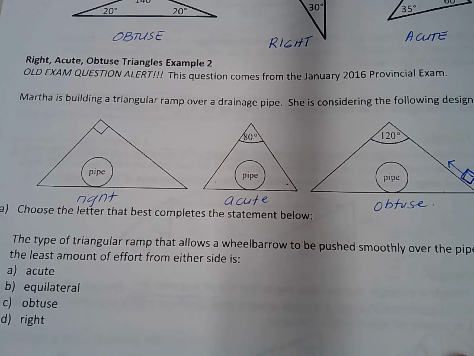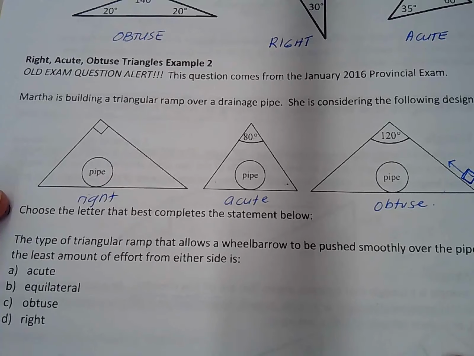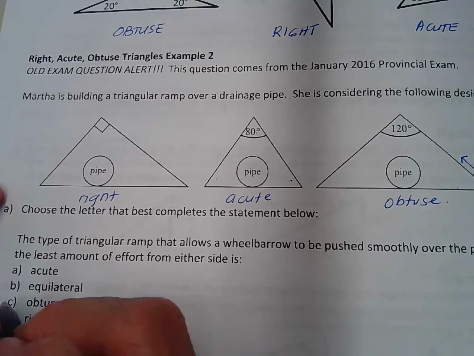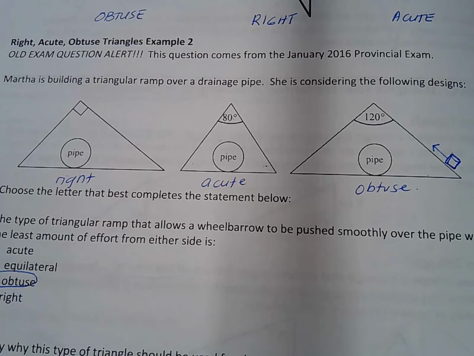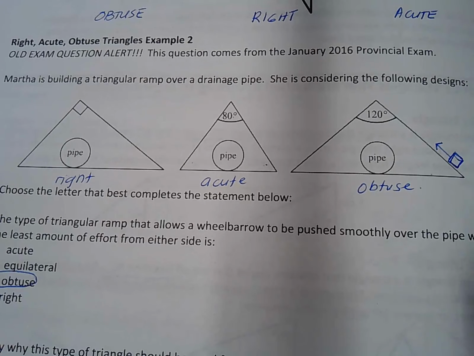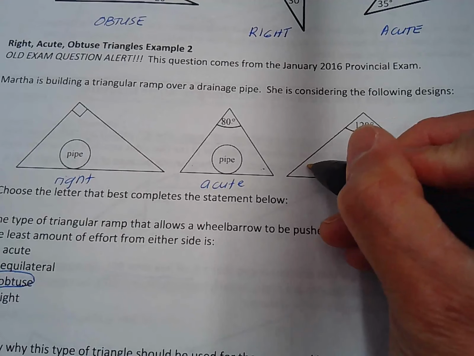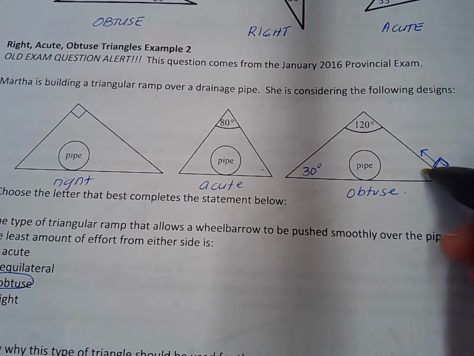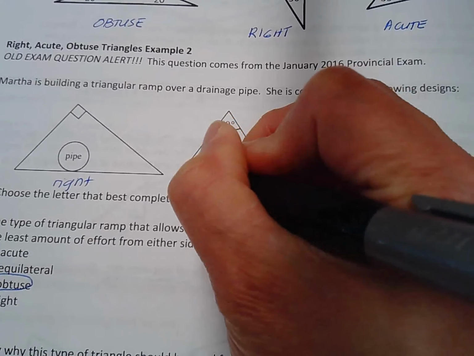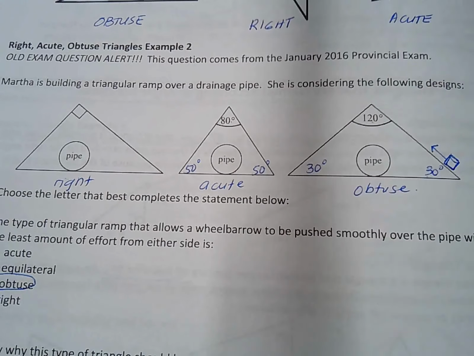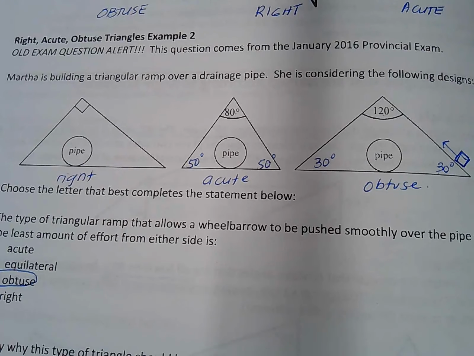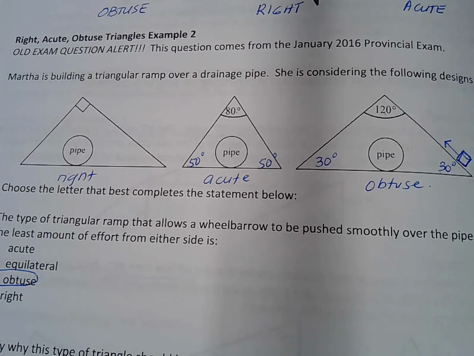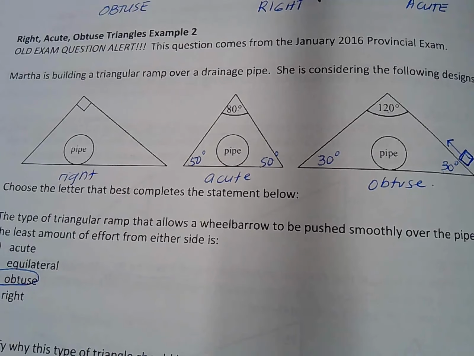Yeah, obtuse. Why would that be? Because this is 120. The angle is steep. This is going to be only a 30-degree angle. This is a 50-degree angle. So you're going to have less resistance from gravity. This is a loaded question because it becomes like a physics question.